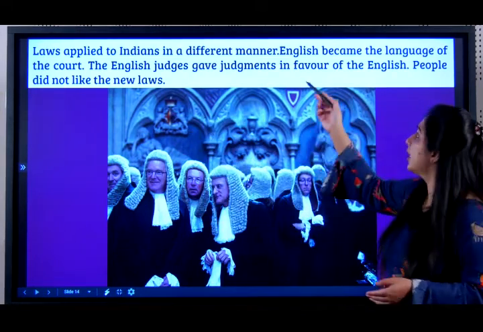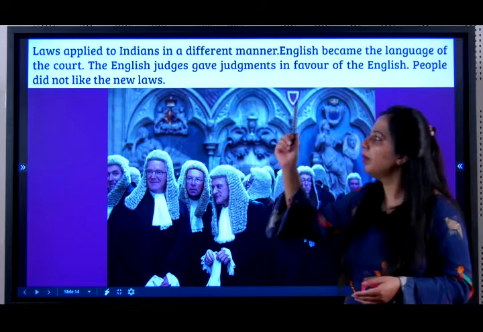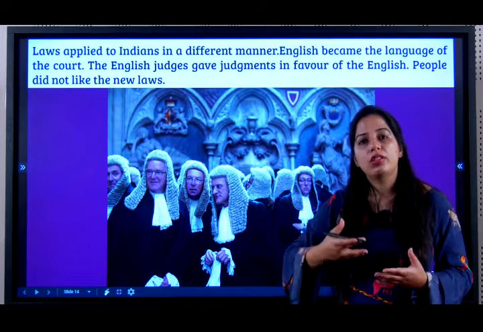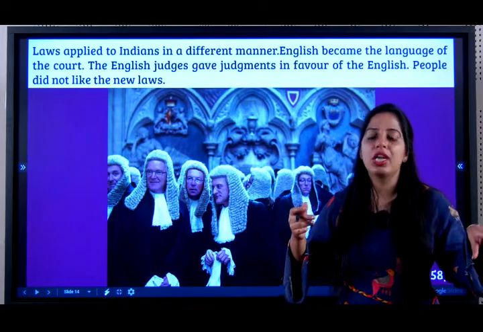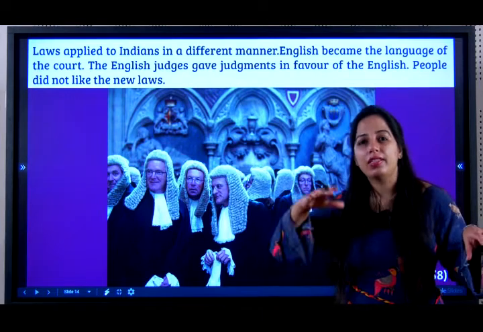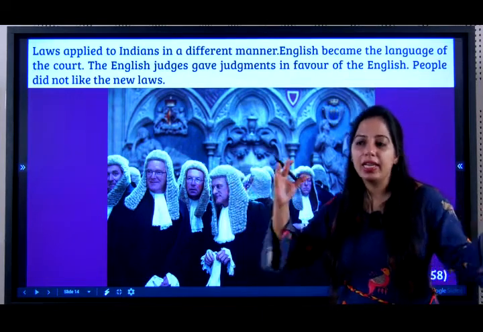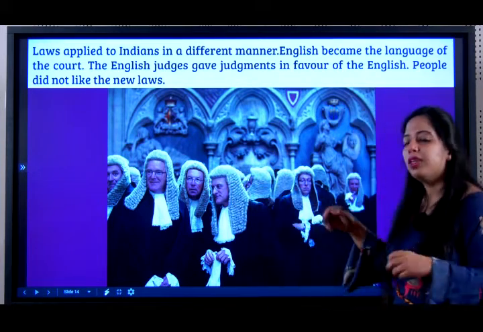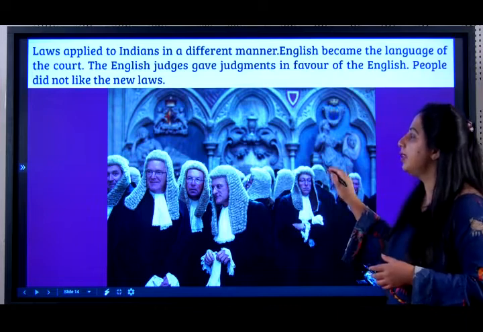The English judges gave judgments in favor of the English. People did not like the new laws. The judges were English, and they were very biased. They always gave judgment in support of the English when an Englishman and an Indian were having a case against each other. So it was very unfair in many ways.